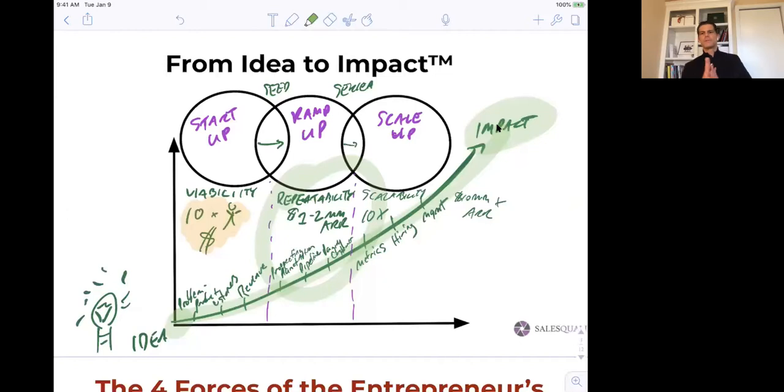Go ahead and put that in the chat box. What's been most useful so far? It can be one word, it can be a phrase. You say the model I just went through. Tell me more about that. Why this model? I'm curious to know what about this model was useful for you.